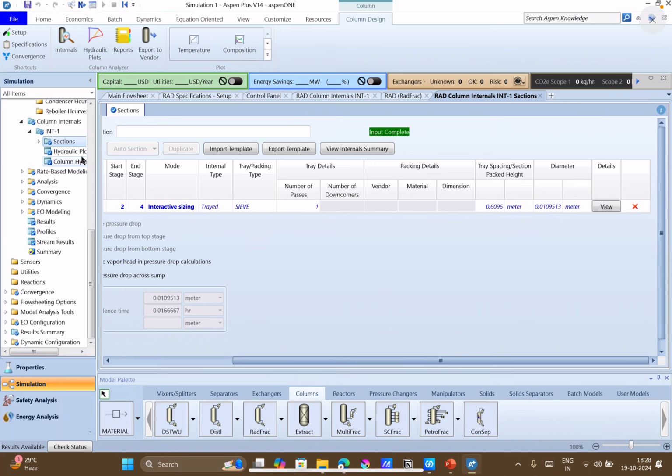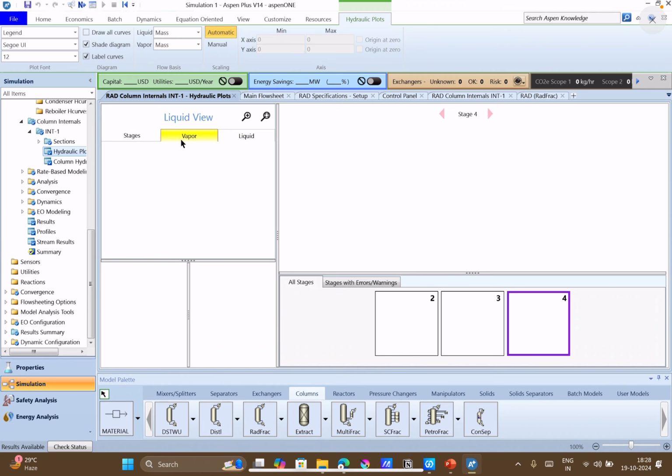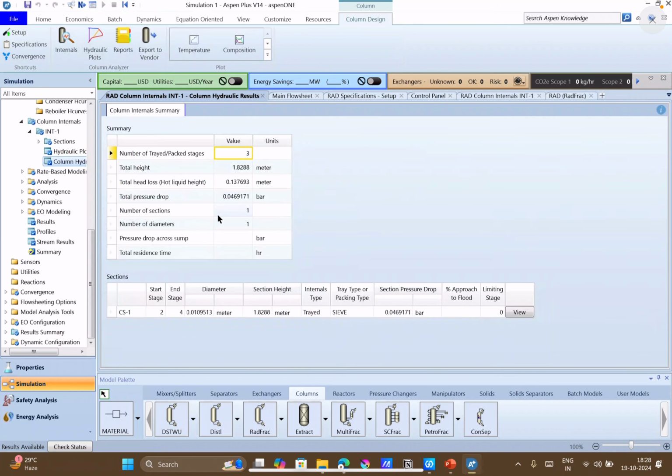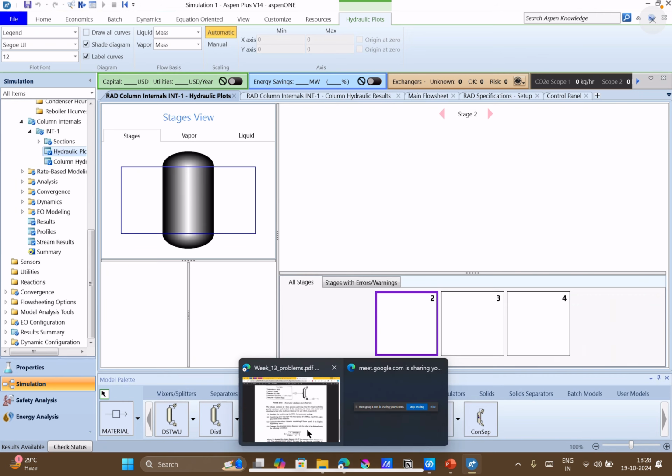If you see hydraulic plots also, why are hydraulic plots not generated? We should have a plot here. I'm not sure why it hasn't created hydraulic plots. Anyway, that was the second thing that had been asked.